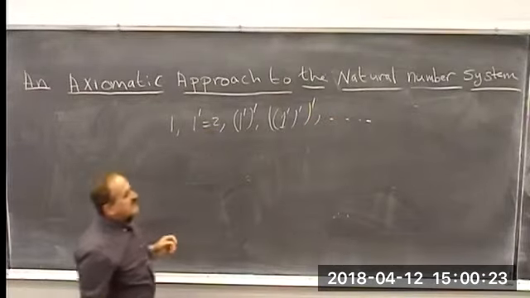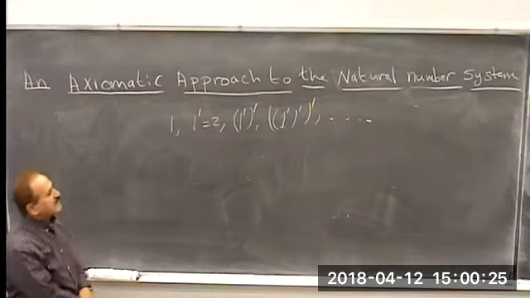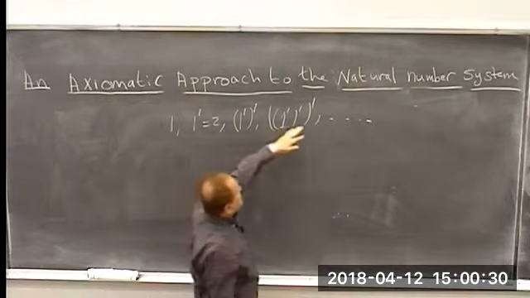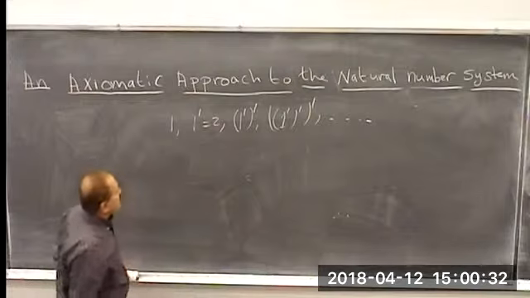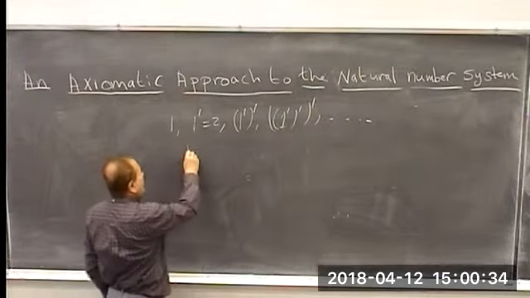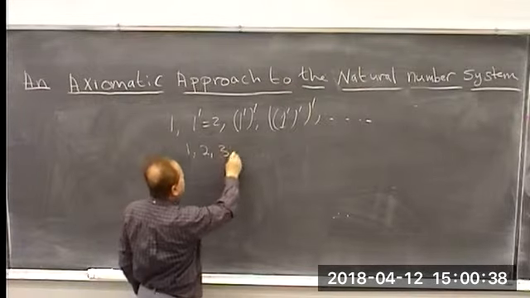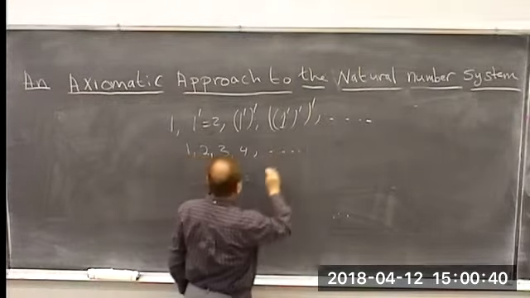So axiom 3 actually allows us to keep going. Now to avoid this messy notation, of course, we use 1, and then the successor of 1 is 2, the successor of 2 is 3, 4, and so on.